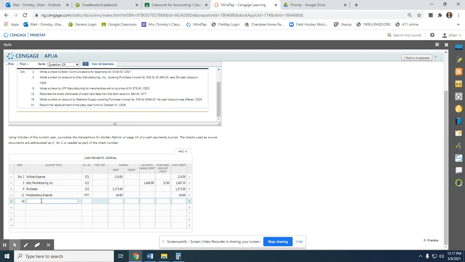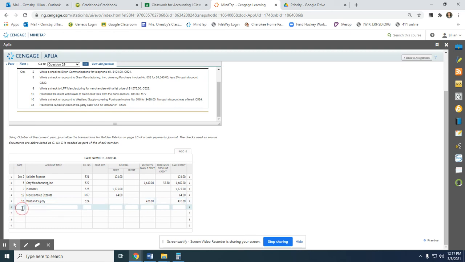We're putting the name of the vendor, Westland Supply, and this amount, because it says wrote a check on account, is going to go in the accounts payable column. $426. There's no discount, so 426 goes here as well. And then the source document on the 16th is 524.